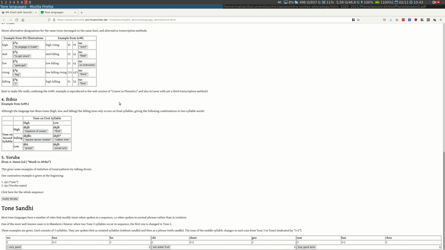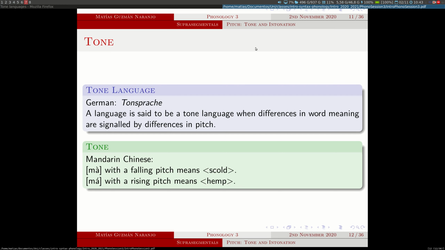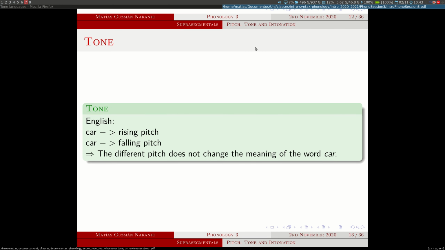We might come to that at some point. For now, it's just worth noting. So Africa really is the hotspot for tonal languages in the world. Now, okay, that's tone. In English, in contrast, if I say car or car, there is no difference in meaning. It doesn't matter.